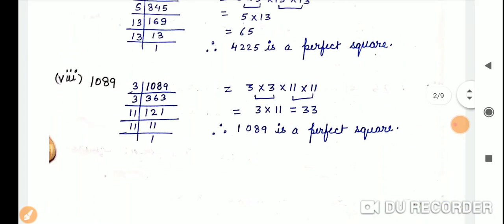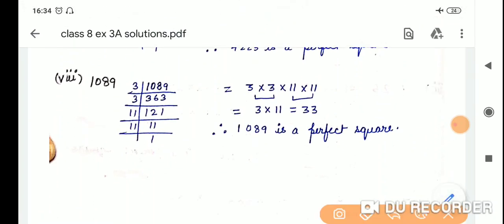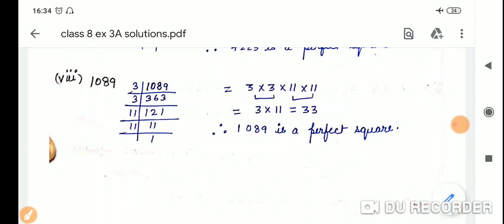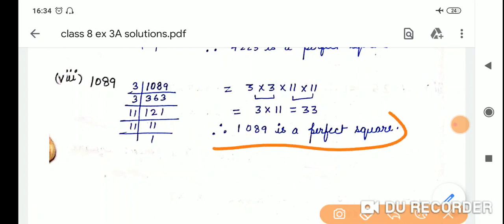Clear? Now the last part of this question, that is 1089. By 3, 363 times, phir 3 se 121, phir 11 se 11 and 11 se 1 time. We are getting the pairs 3 into 3 and 11 into 11. So 3 into 11 is equal to 33. So 1089 is the square of 33 and ultimately 1089 is a perfect square.